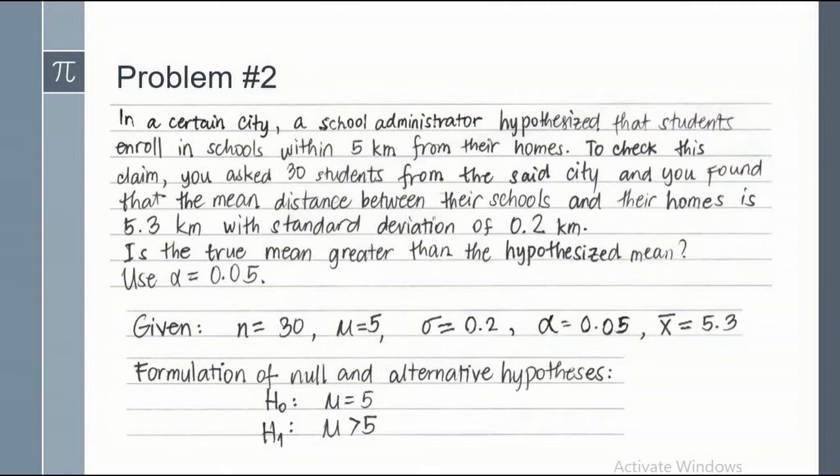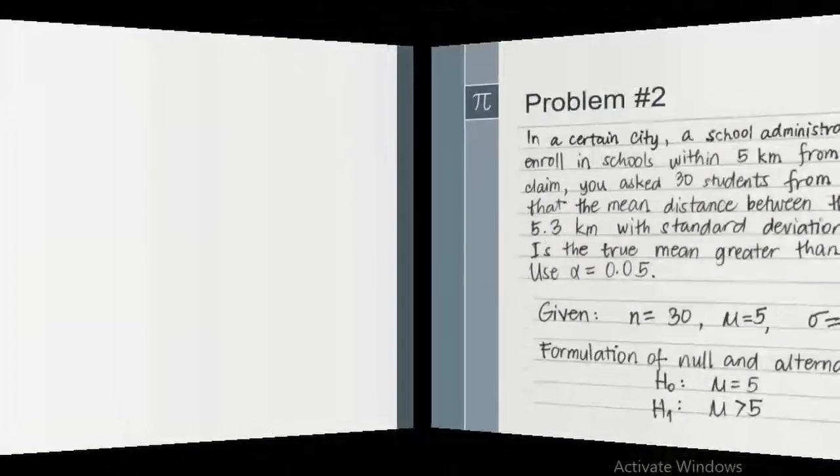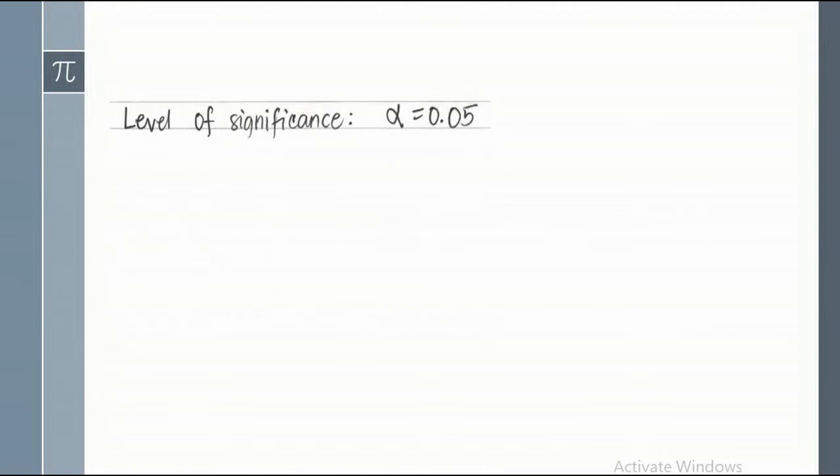H0: mu is equal to 5. That is, the population mean is equal to 5. H1 or the alternative hypothesis: mu or the population mean is greater than 5. Level of significance: alpha is equal to 0.05.